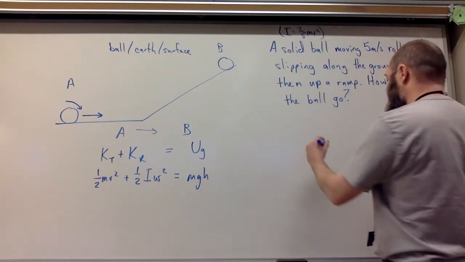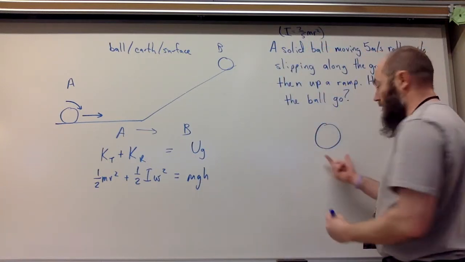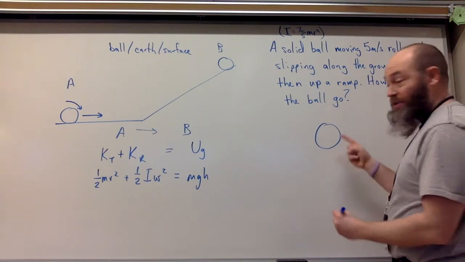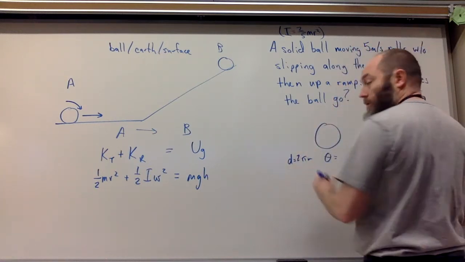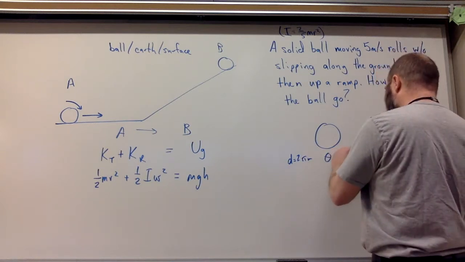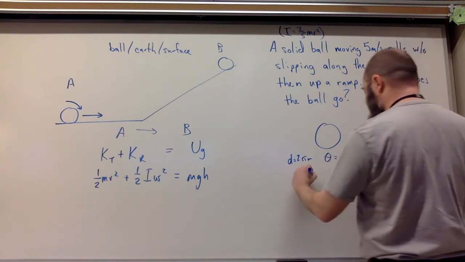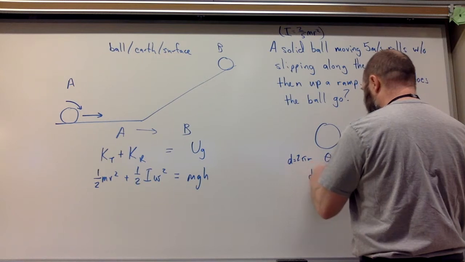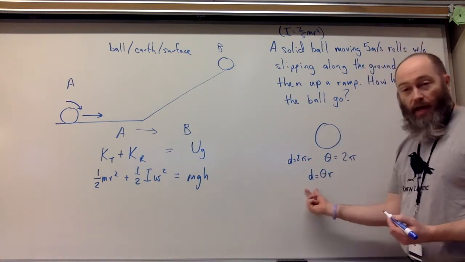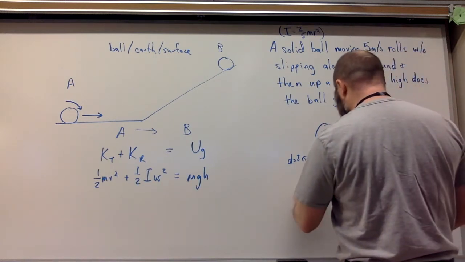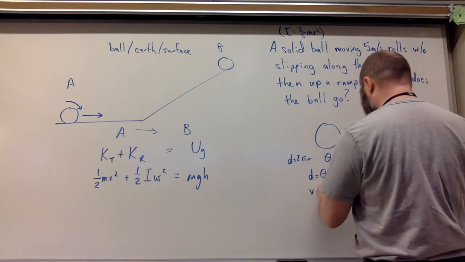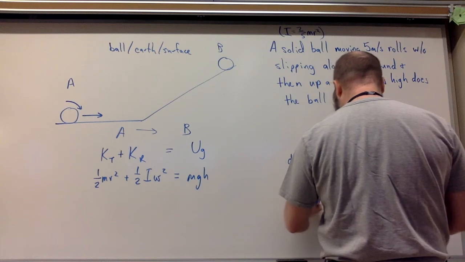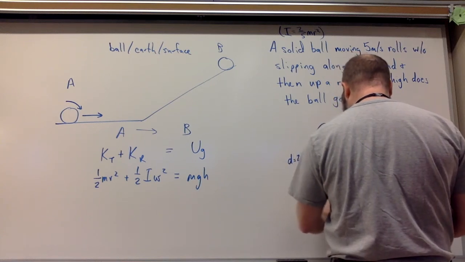We're going to draw a little circle, and we're going to say, if I was going all the way around a circle, the distance I traveled would be 2 pi r. The theta that I would sweep out would be 2 pi, which means d is related to theta by theta times r. If I divide by t, I get v equals omega r, because theta divided by t is omega. So if I solve this for omega, I get omega equals v divided by r.